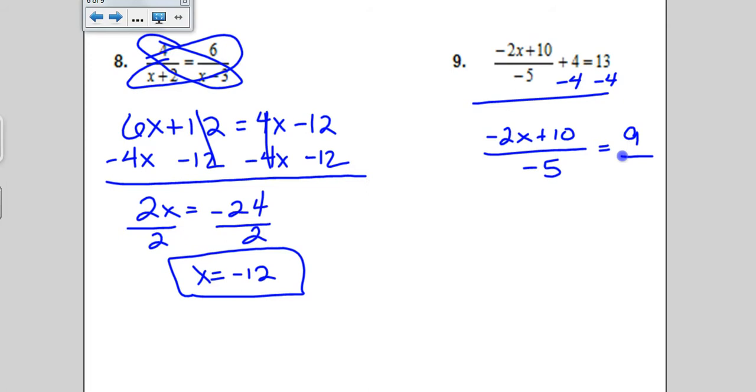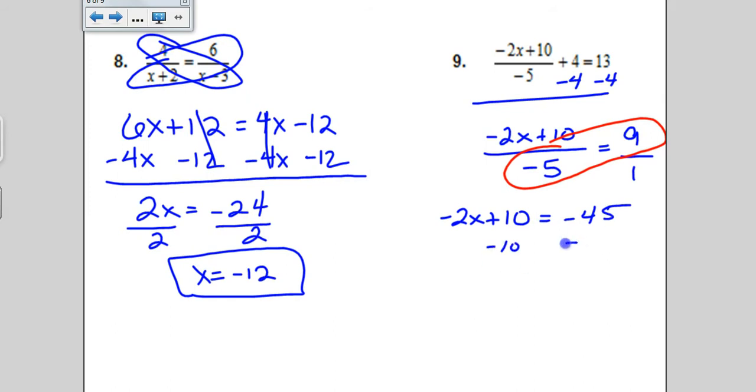Now, you can think of it as a proportion if you throw the 9 over a 1, and now it is a cross-multiplying problem. So you can go ahead and think of multiplying this diagonal and then equaling it to that diagonal. So we have a negative 2x plus 10 equals a negative 45. We're going to subtract 10 from both sides.